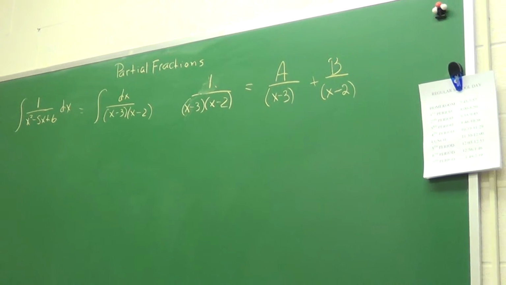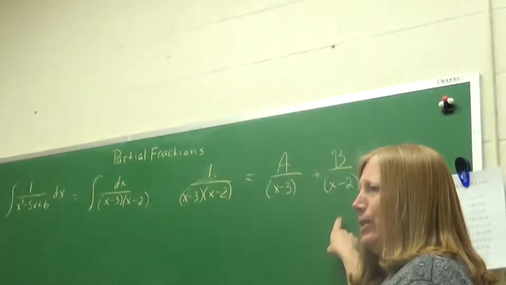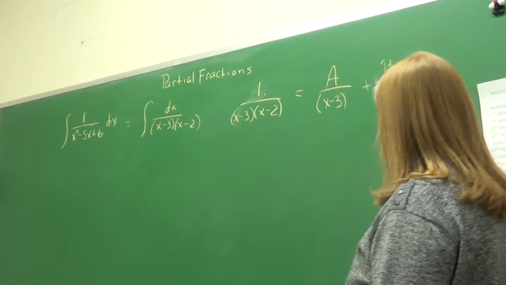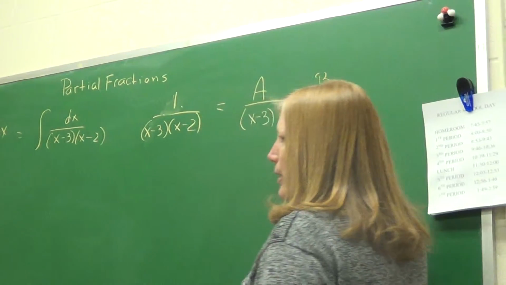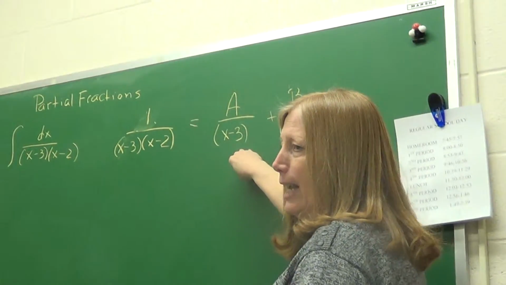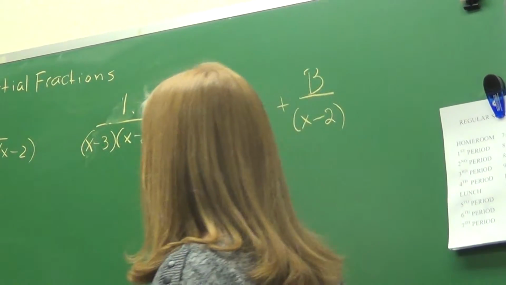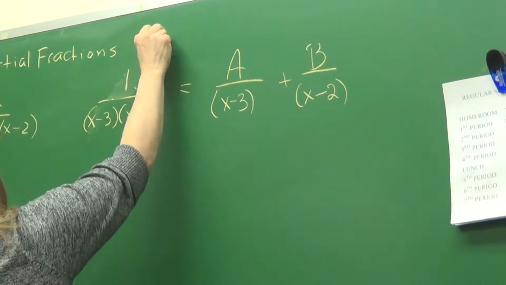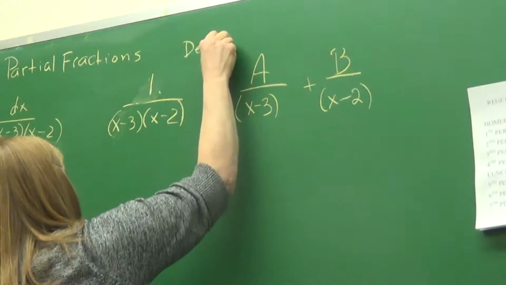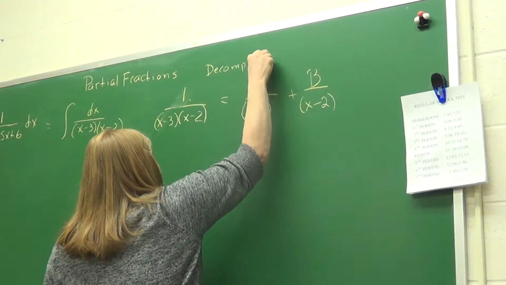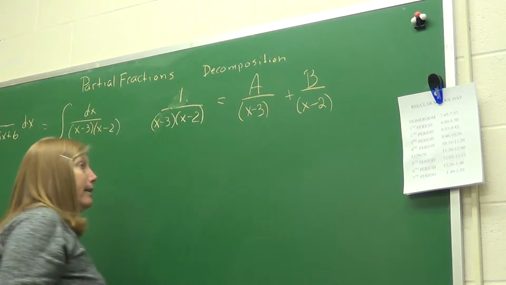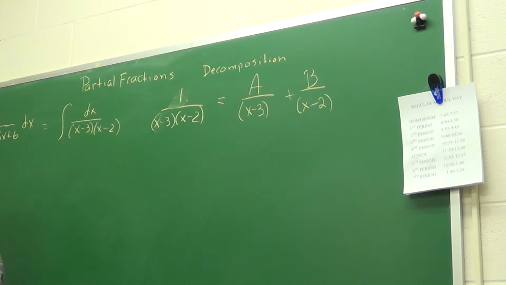This one only has 2 factors. So that's how you set it up. Can you write that down as well, Jonathan? We're going to write one factor under A and another factor under B. This is called decomposition. And when we finish decomposing this fraction, it'll be integratable.